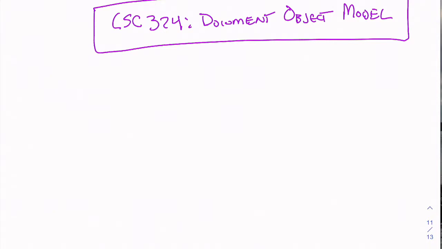Morning. Well, it's time to talk about the document object model and JavaScript. So far, when we've been programming using JavaScript, we've been writing straight JavaScript code and using either document.write or console.log or some kind of dialog box to interact with the user.